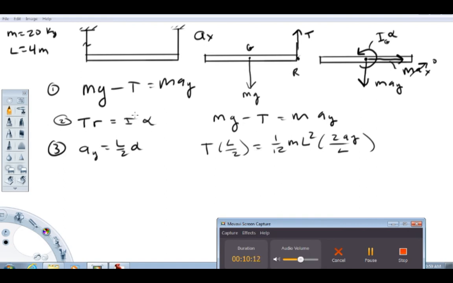The I is the moment of inertia of a beam with an axis through its center, that's 1/12 m L squared. You can either get that by integration of r squared dm from minus L over 2 to plus L over 2, or just look it up. And then the alpha can be replaced with 2 a_y over L.